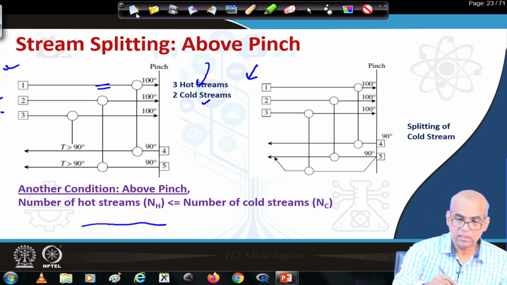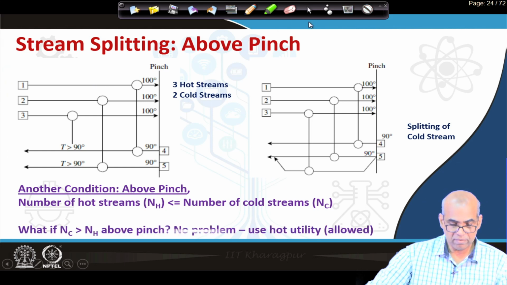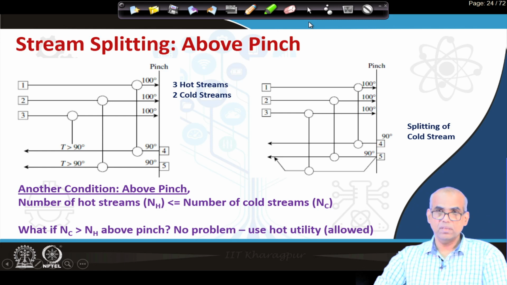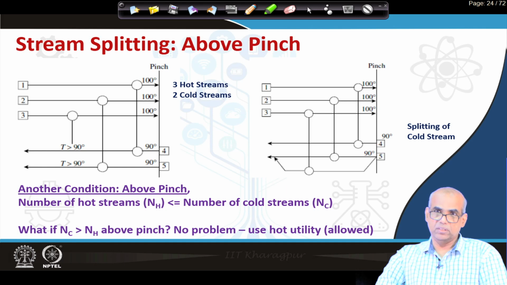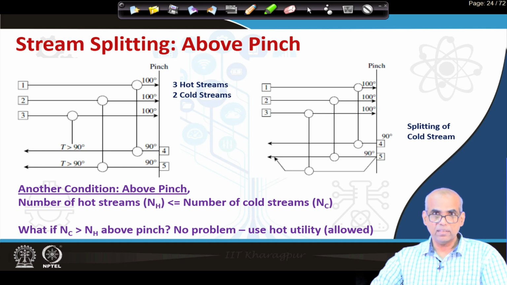What if I have number of cold streams greater than number of hot streams in the region above the pinch? Note that the condition is number of hot streams should be less or equal to number of cold streams.